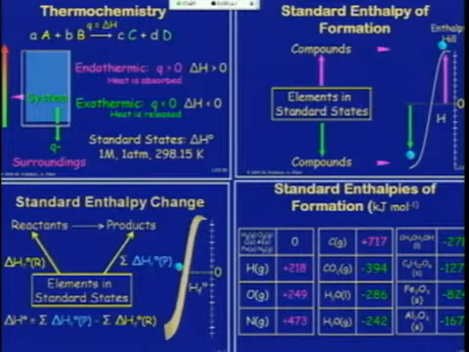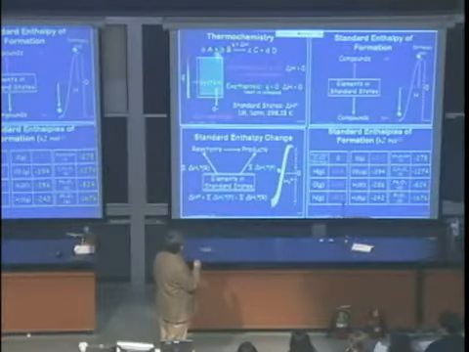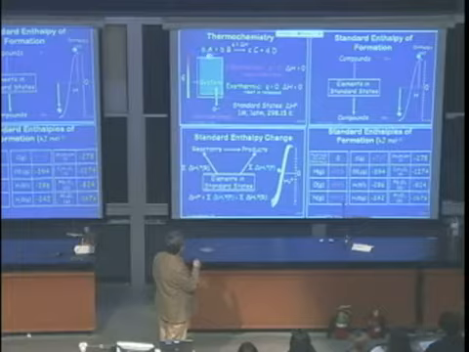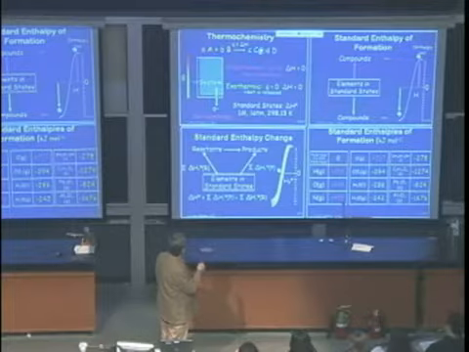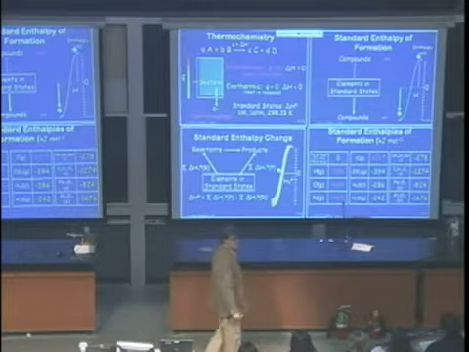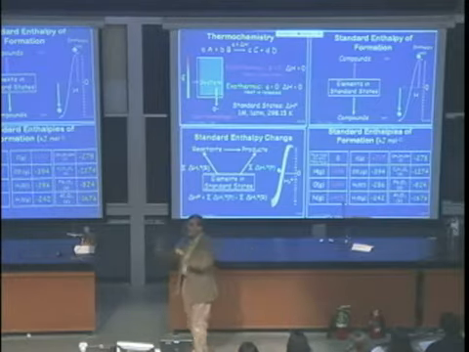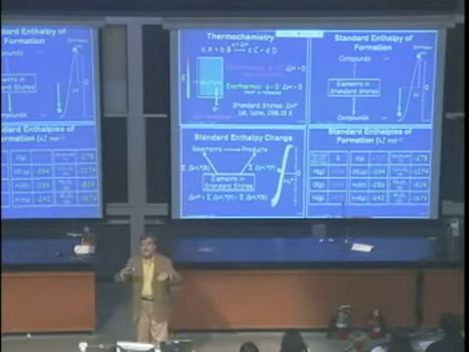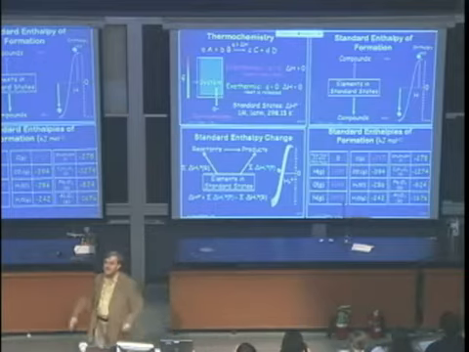We can calculate this. And we calculate this from the standard enthalpy of formation of reactant A, reactant B, product C, and product D. So you need to know these standard enthalpies of formation, and standard means we have this funny standard state, funny in quotation marks.